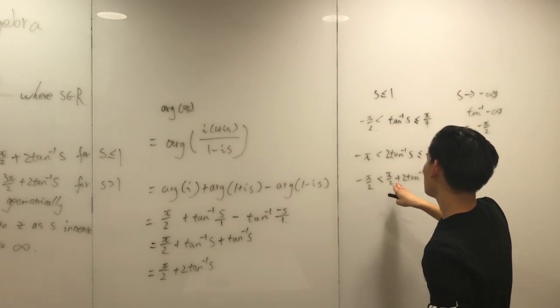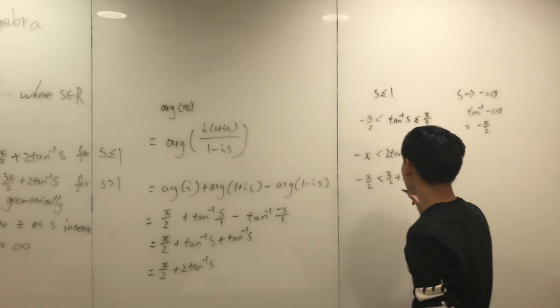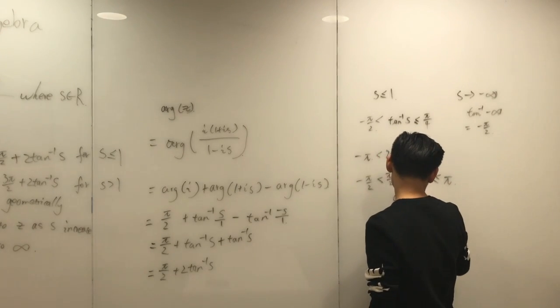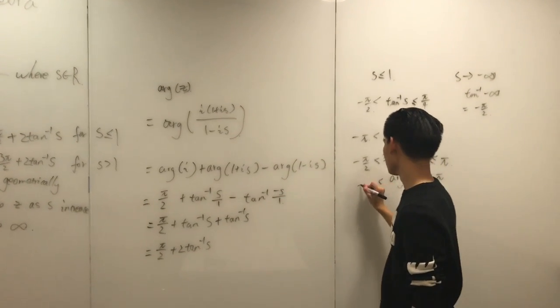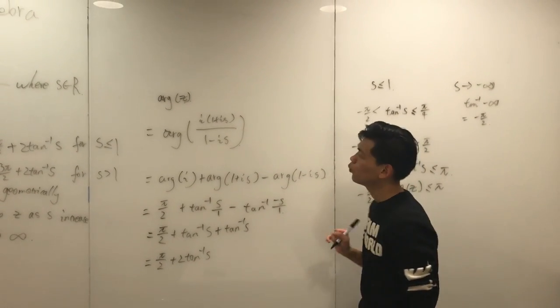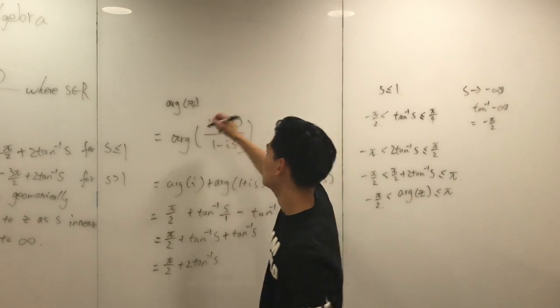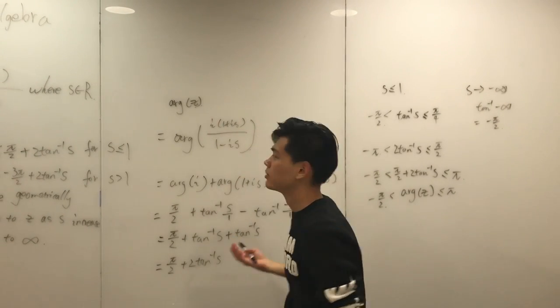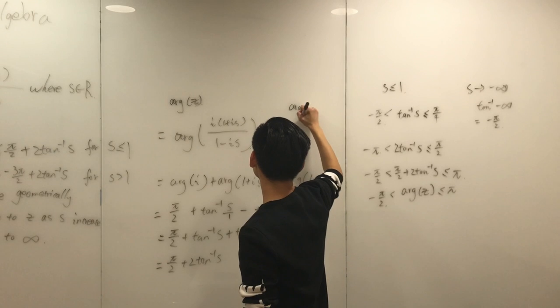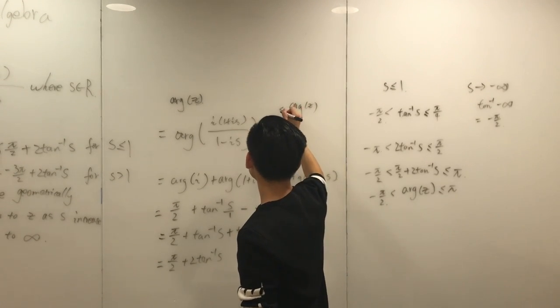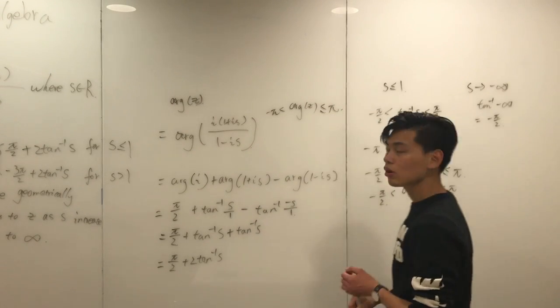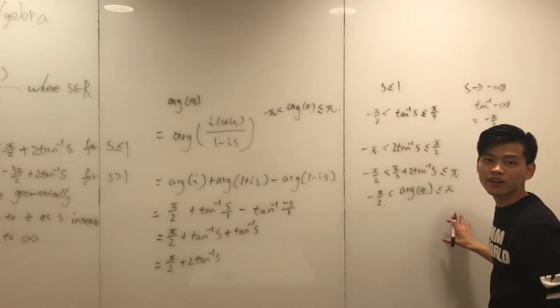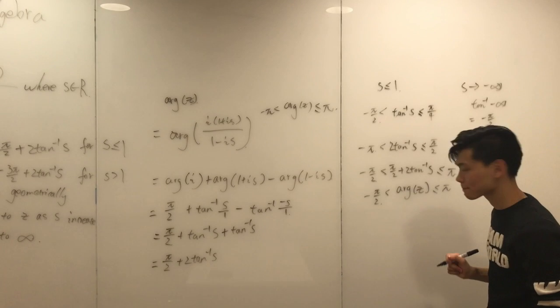Pi/2 plus 2 inverse tan s is arg z, which is in the range of arg z, because when you're talking about argument, it has to be in a range between negative pi and pi. So it's okay for s less than or equal to 1.